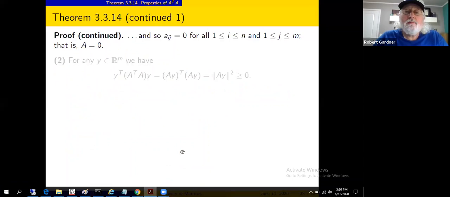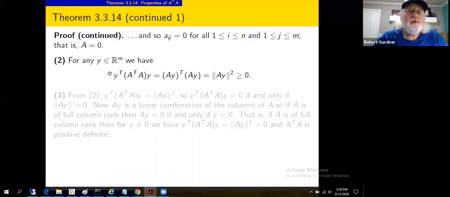Take Y, a vector from R^m, and let's consider Y transpose A transpose A times Y, the matrix with a Y on one side and Y transpose on the other. We can rewrite that, associating Y transpose and A transpose. Properties of transpose, we can write that as (AY) transpose.